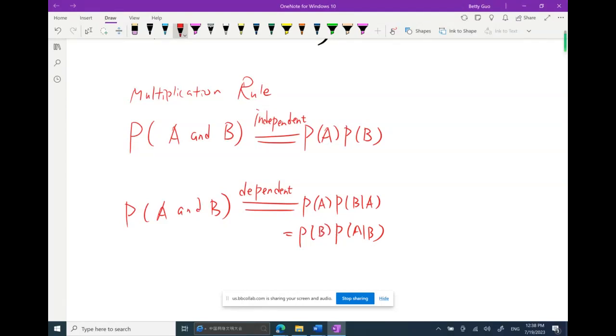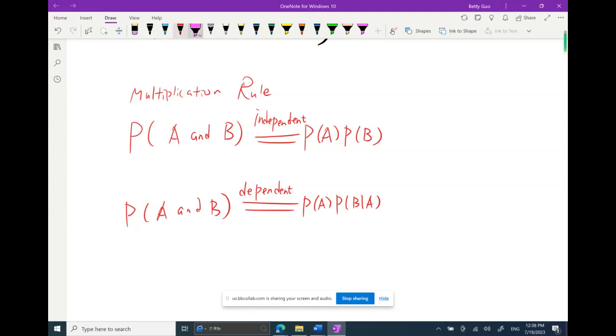One of the two things, either this one or this one. So to make it simple, I'll just erase one of the formulas. We have two formulas to apply when it comes to computing the value for the probability of A and B, and both of the two formulas together are called the multiplication rule.